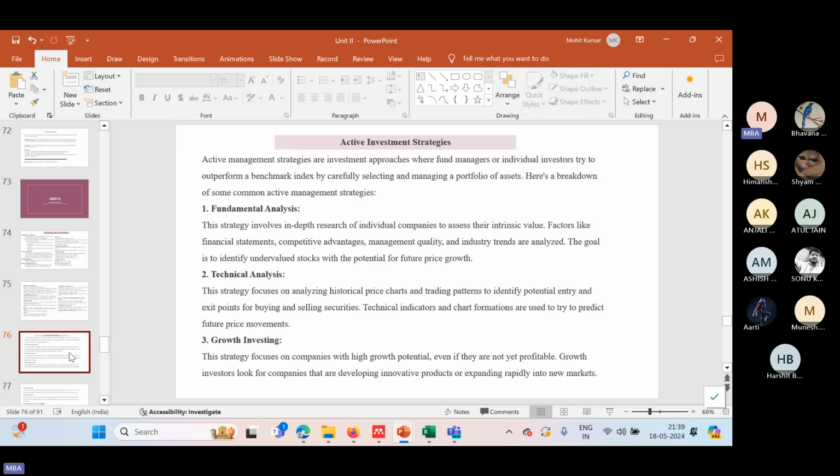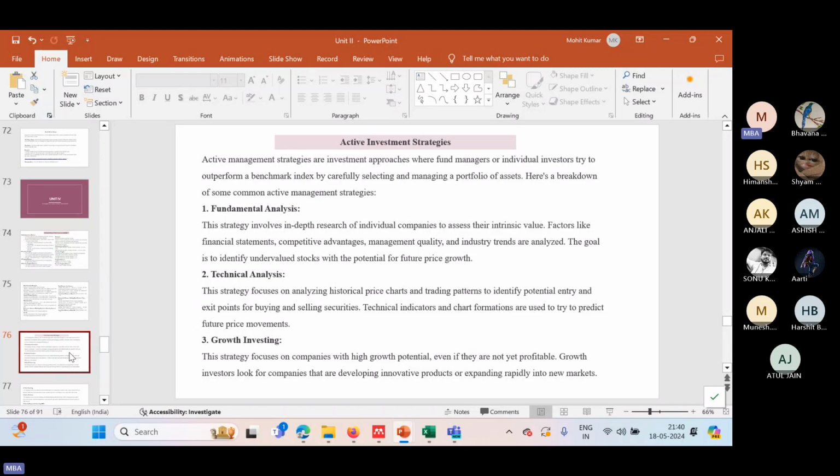You are actively involved with your money and your investment, actively participating in the market in the hope that you can beat the market and get extra return. You are dependent on your own research, and based on that you want to outperform a benchmark index by earning extra return.